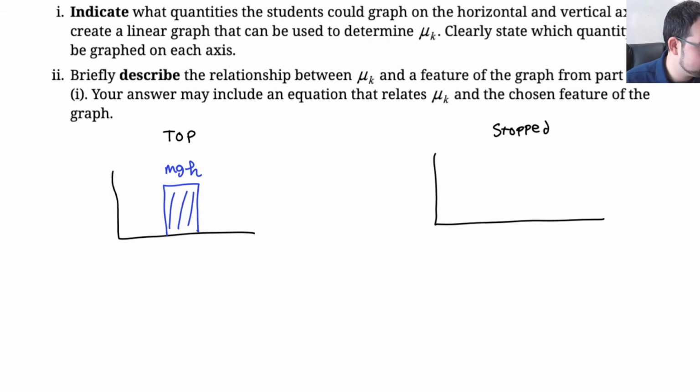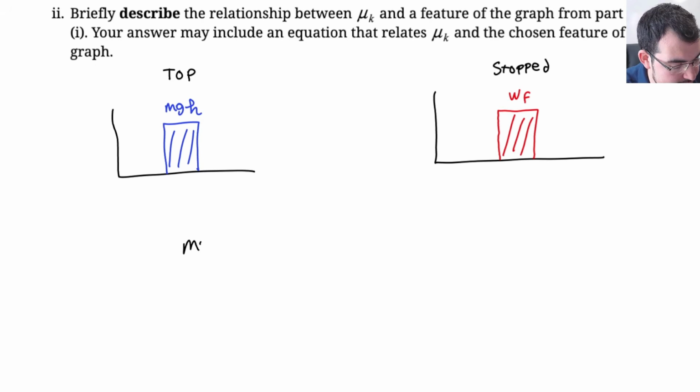When we're stopped, all of our energy is gone. So it must have been turned into work from the frictional force. So we can just say our mgh got turned into work from friction.